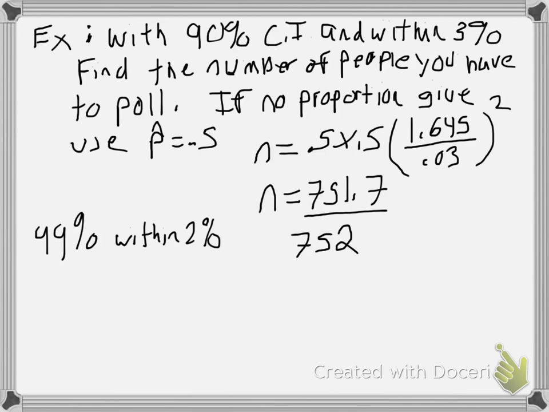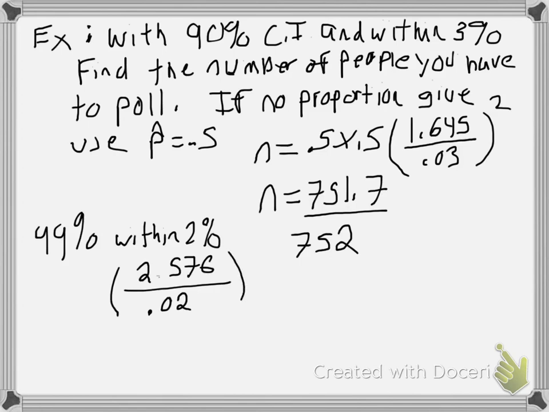But this 1.645 that we had, that's now going to change to 2.576. And that 0.03, that 2%, is 0.02. By the way, guys, when you change a percent to a decimal, make sure you put that 0 in there, because a lot of people forget that and they make it 0.2 and things become much worse.